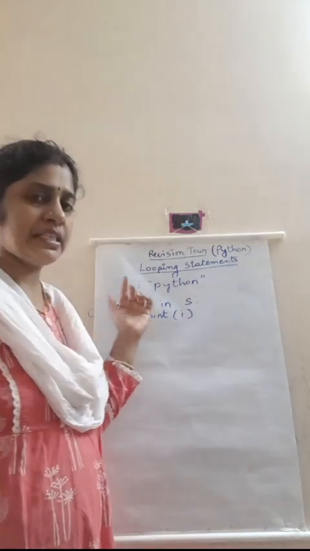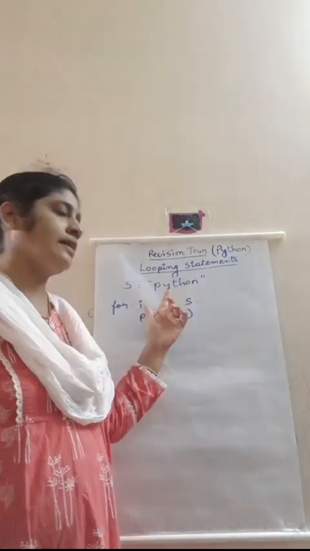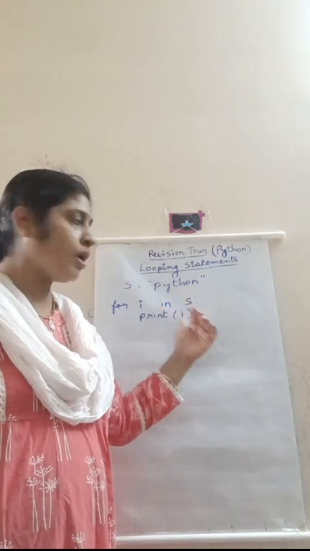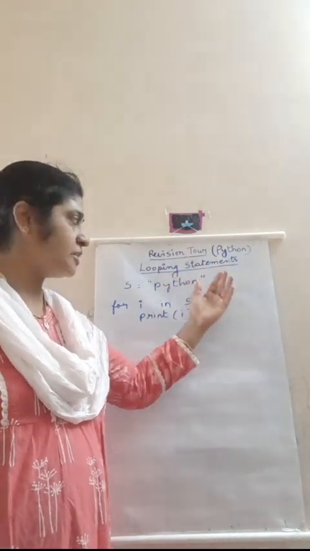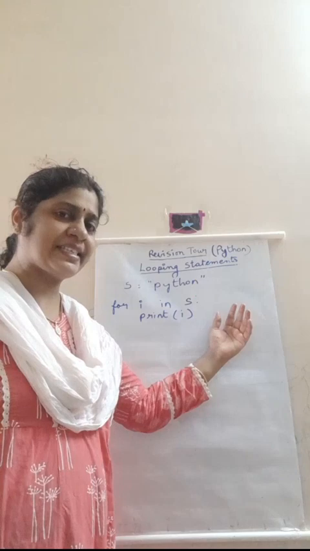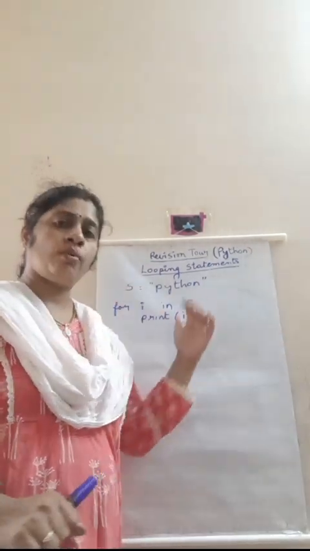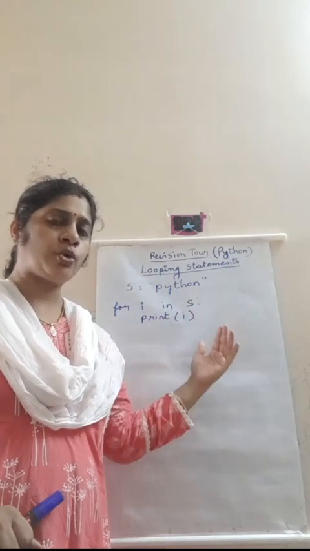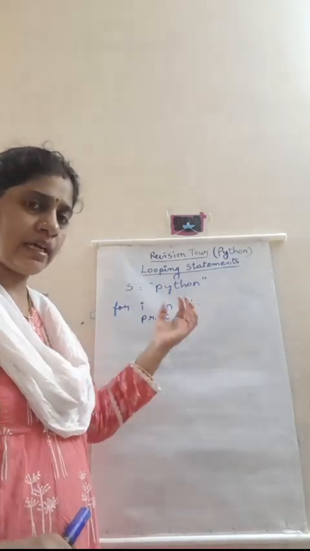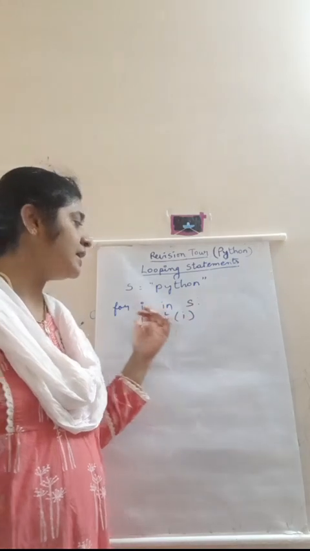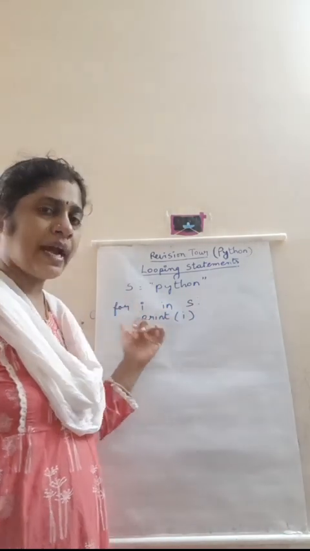Now I am writing here a variable s equal to Python, and I want to display first p, then in the next line y, in the third line t, like this. In every line I want to display a character. I want to display the characters line by line. Now how will you write it?